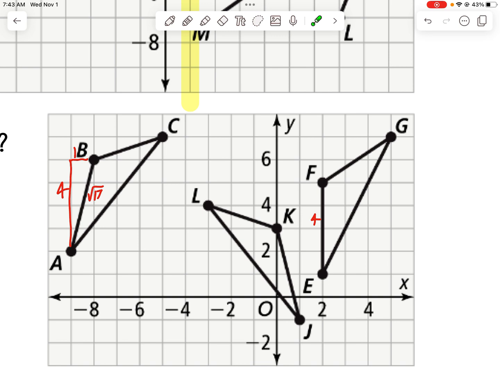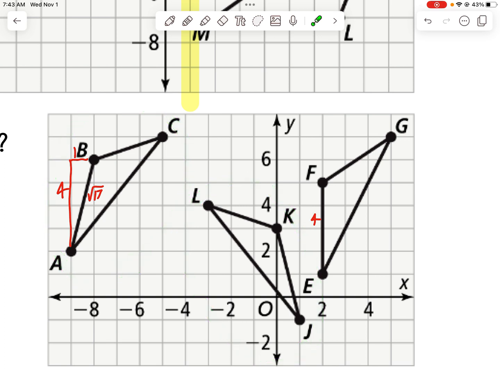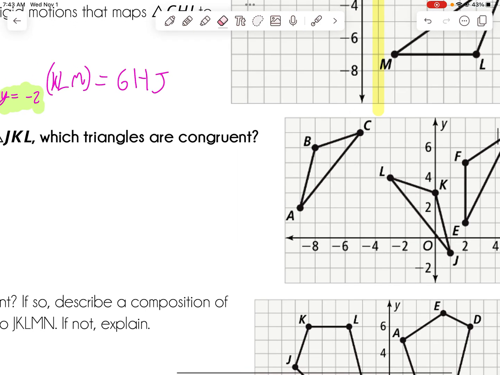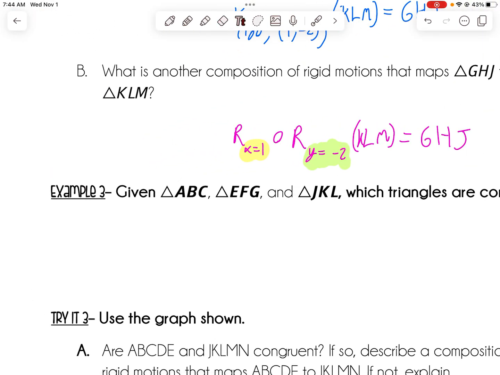All right, so we know that EFG doesn't have a pair, so the two congruent triangles have to be these two. Now, since we're looking at showing if they're congruent, the next thing we're going to do is go through the process to show that these two are congruent. And there is a pretty simple 3-step process to do.